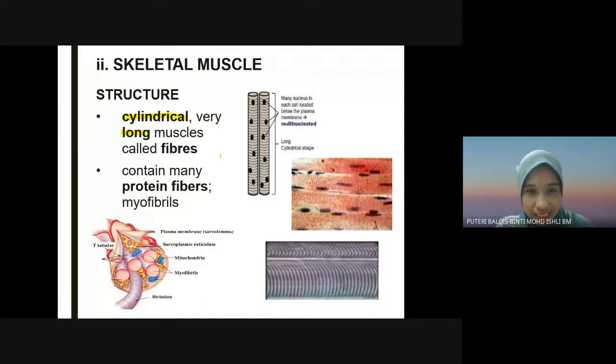It is long cylindrical shape and it is multinucleated. Maksudnya dia ada banyak nukleus. Dan nukleus dia duduk betul-betul bawah plasma membrane. So kalau awak tengok dalam gambar ni, nukleus dia duduk betul-betul dekat dengan plasma membrane.